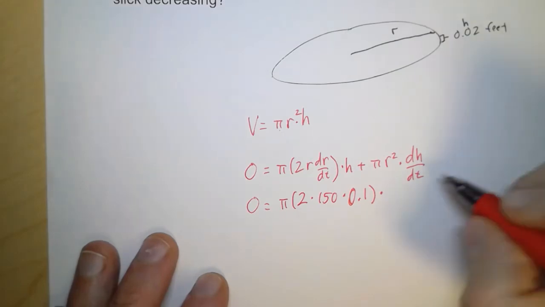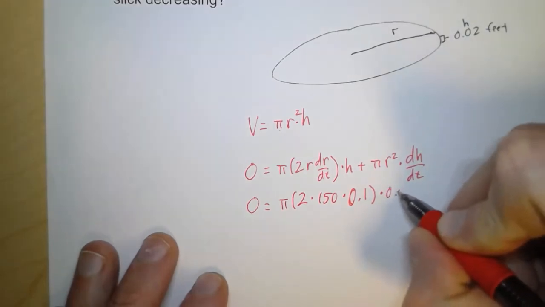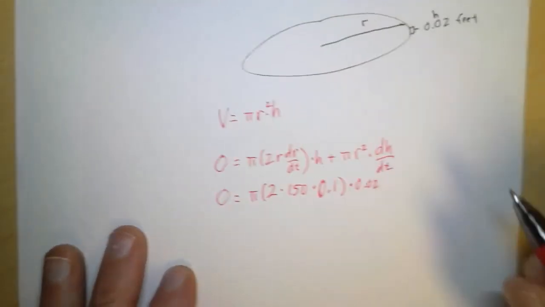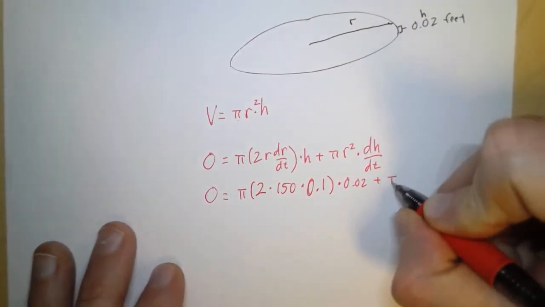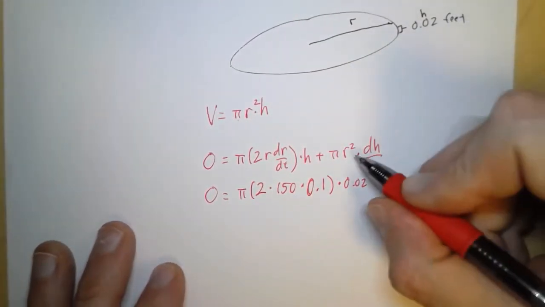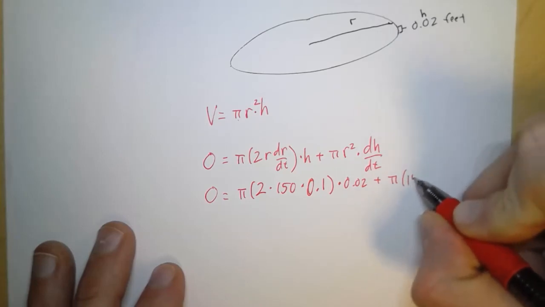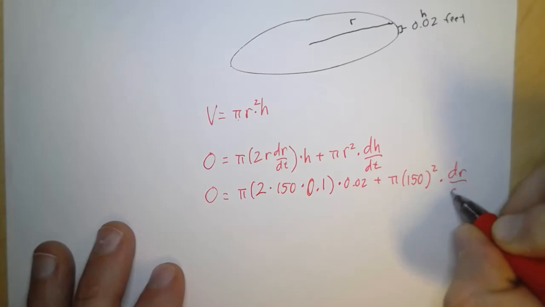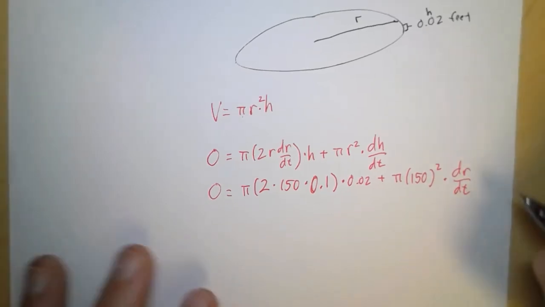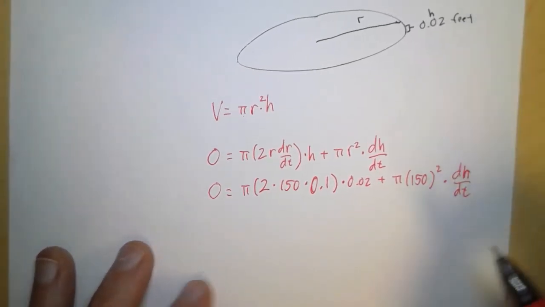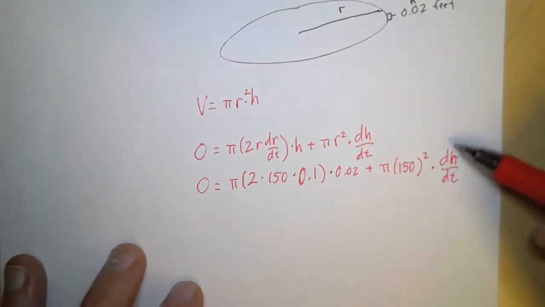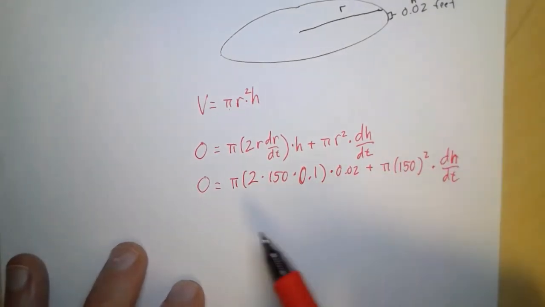And at that moment, the height is 0.02. So all of that represents this first term right here. Then we have pi for the second term, and then r squared. So that's 150 squared times dh dt. So now at this point, we have to get dh dt by itself.